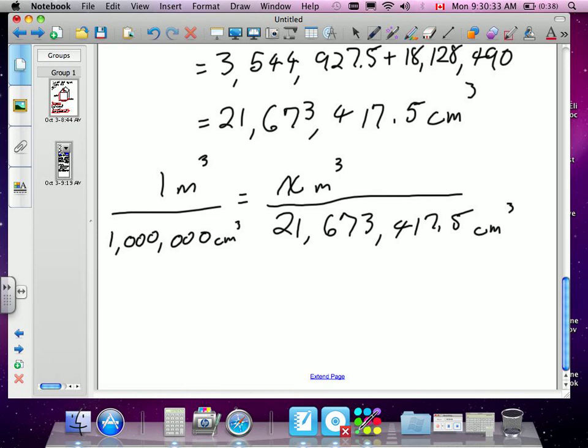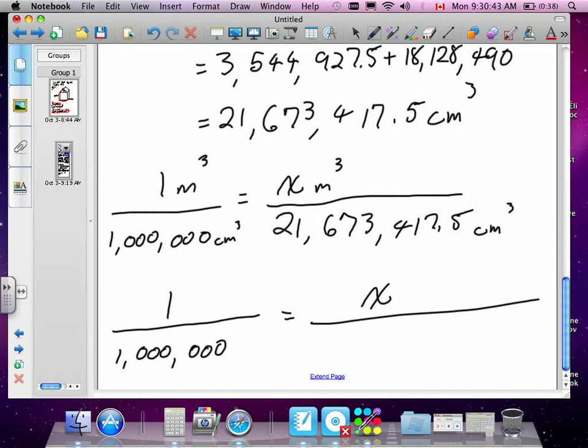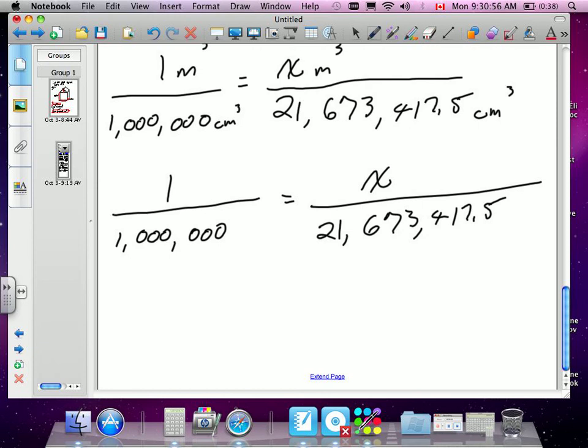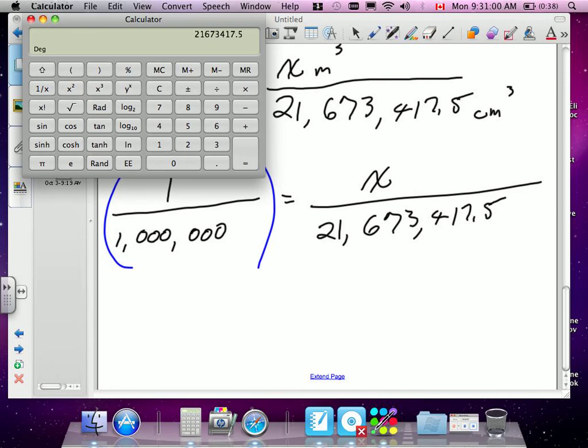1 divided by 1,000,000 is equal to x divided by 21,673,417.5. Okay? So, first thing I'm going to do is, 1 divided by 1,000,000. I'm going to solve for the left side of this equation. So, 1 divided by 1 followed by 6 zeros.